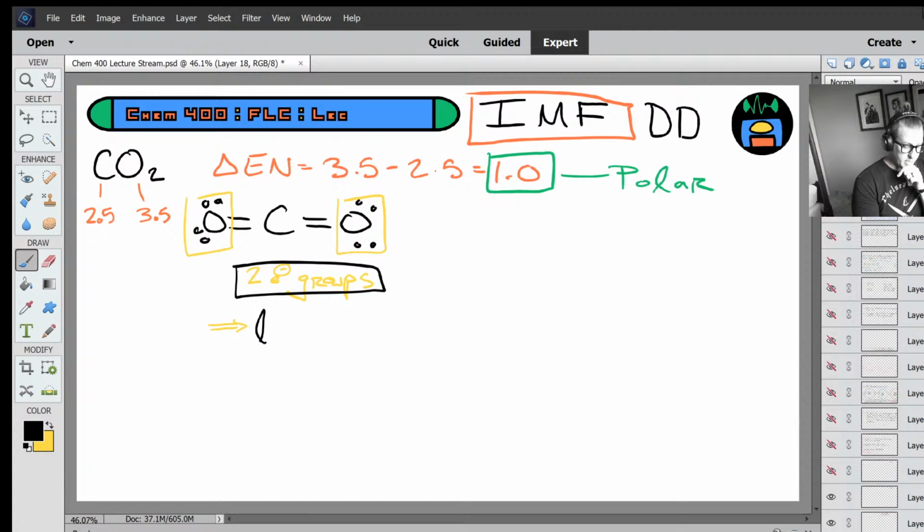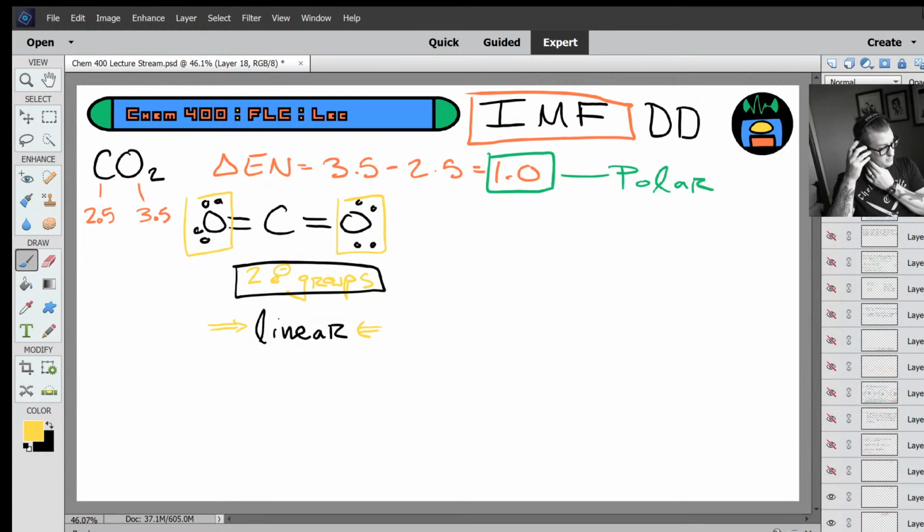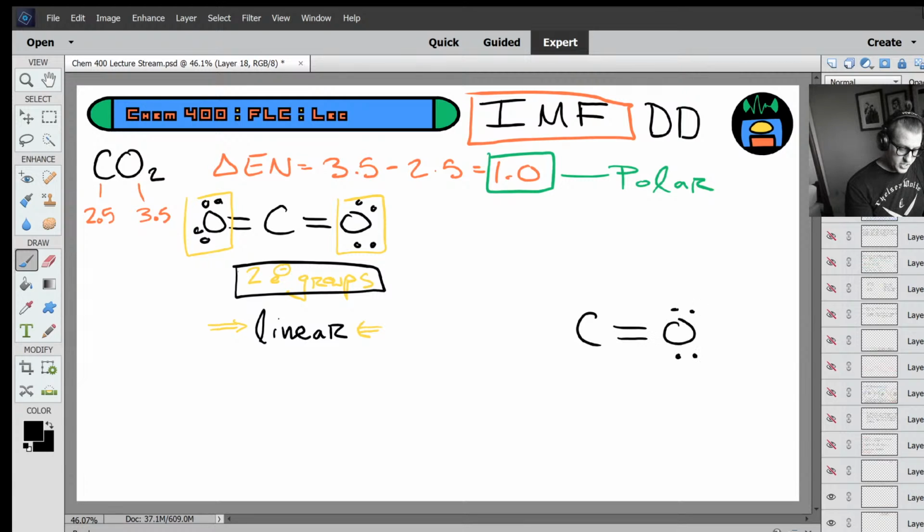It has a linear geometry. All right. So the Lewis structure that I actually have drawn is the 3-dimensional shape of the molecule. It has its 2 electron groups 180 degrees from each other.